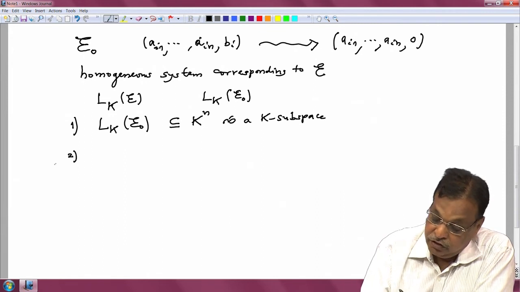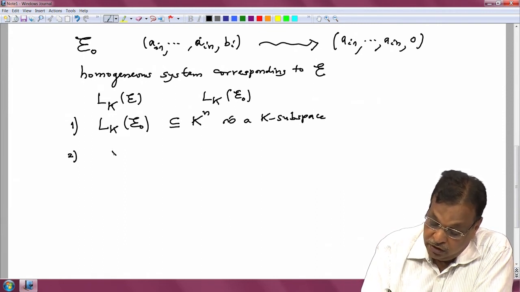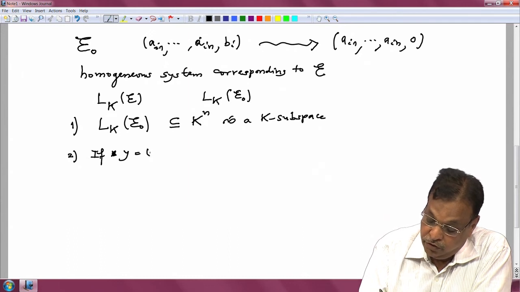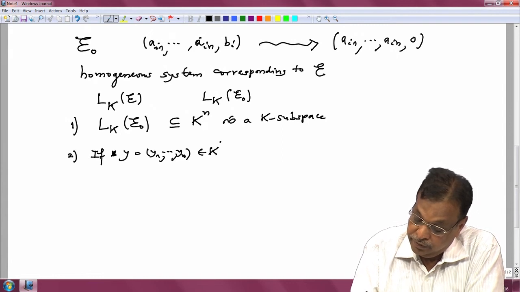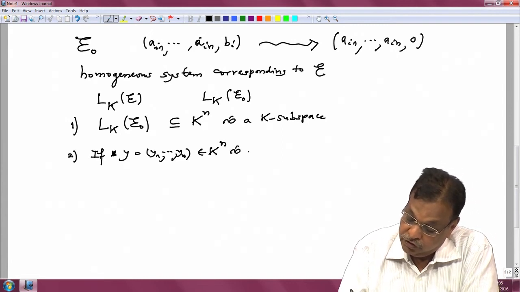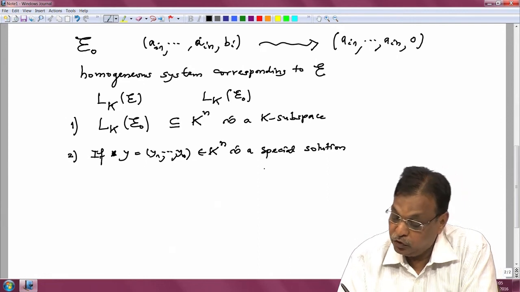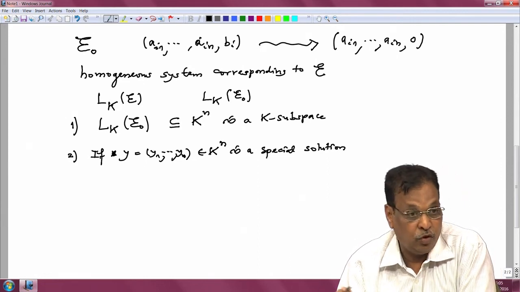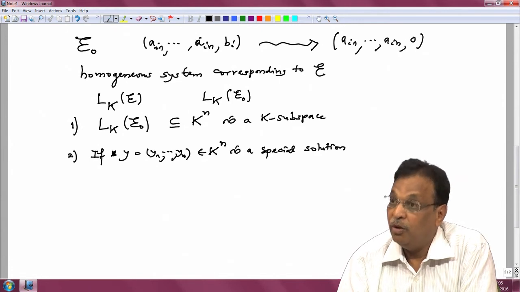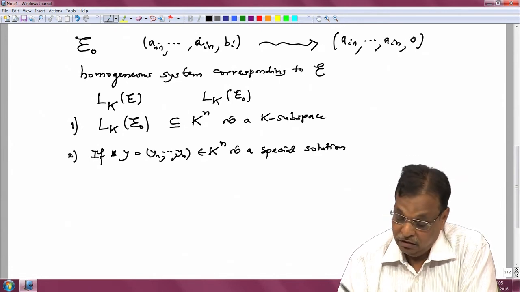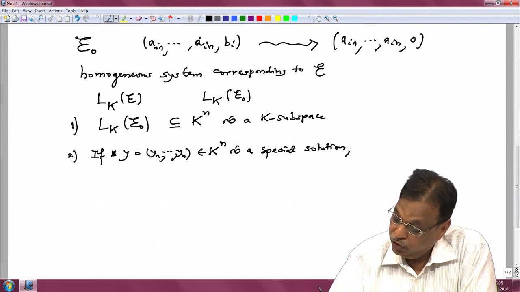And secondly, somehow if you know one solution, if y, which is y1 to yn in K power n, is a special solution, I just call it special solution because we have no formal method to find a solution, but somehow if you find a solution and then call it a special solution, then we know all.